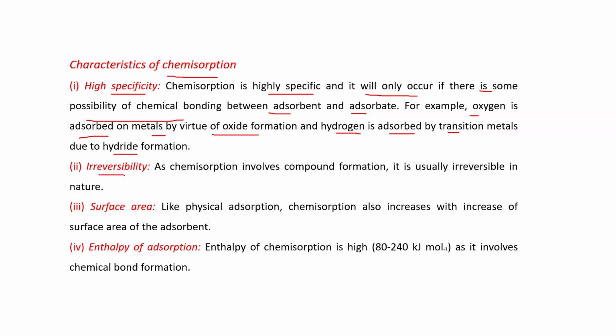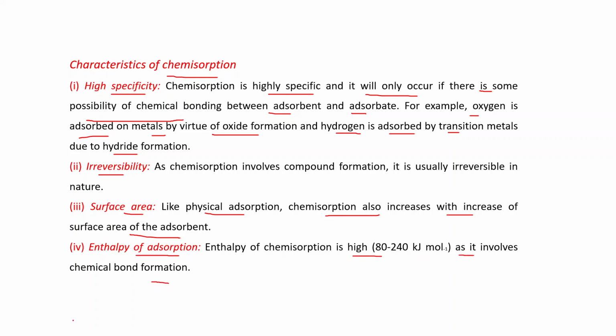Irreversibility: as a chemical bond is formed, chemisorption is generally irreversible in nature. Surface area: like physical adsorption, chemisorption also increases with the increase of surface area of the adsorbent. Enthalpy of adsorption: in case of chemisorption, it is high, 80 to 240 kilojoule per mole, as it involves chemical bond formation.